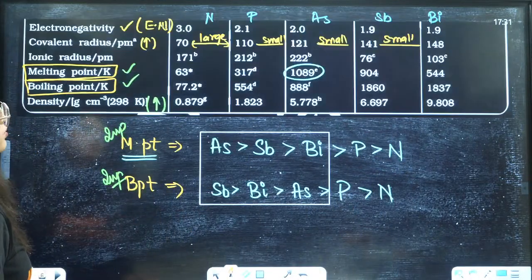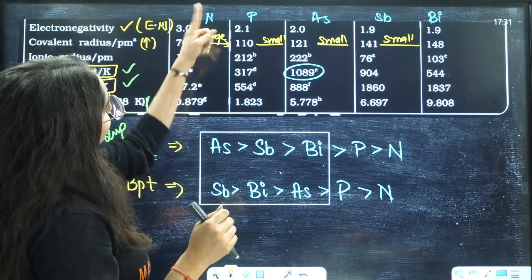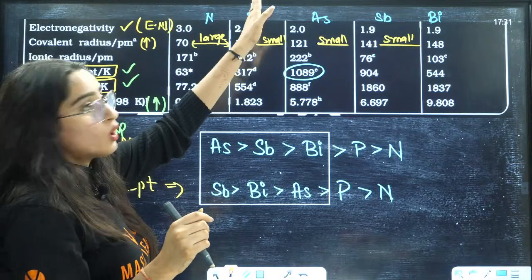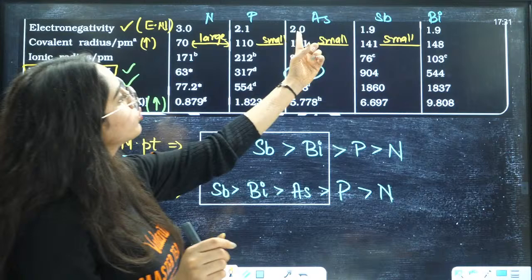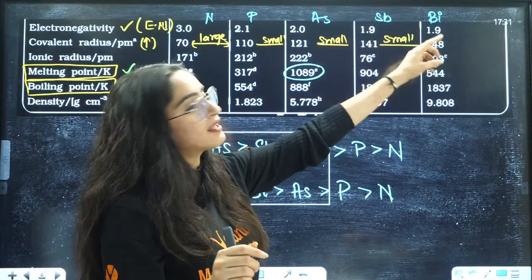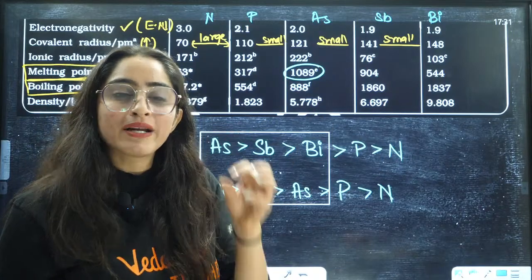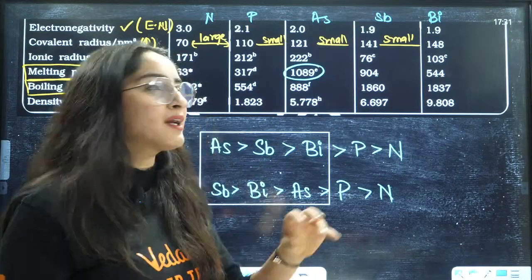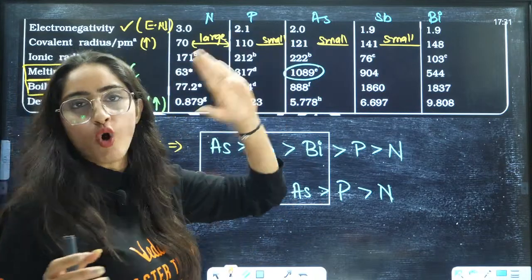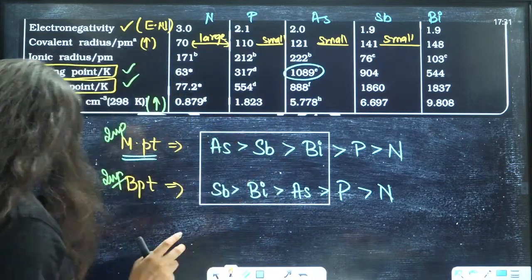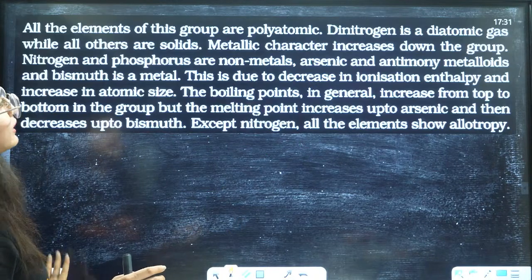As you can see in the table, the electronegativity decreases from 3 to 2.1, then from 2.1 to 2.0, then 2.0 to 1.9, and from 1.9 it is almost the same. So down the group it is definitely decreasing, but from nitrogen to phosphorus there is a large decrease. After that it is almost constant, with either a very small decrease or none.